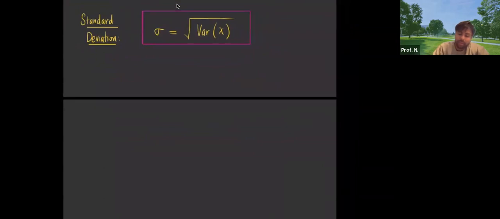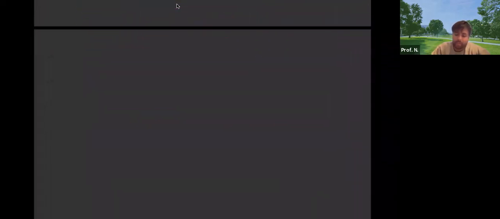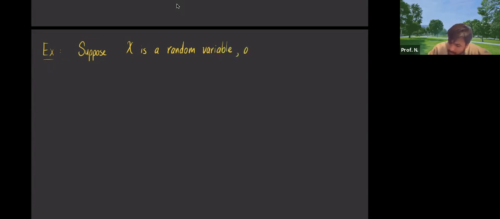Okay. Great. Now, suppose x is a random variable and a and b are constants.